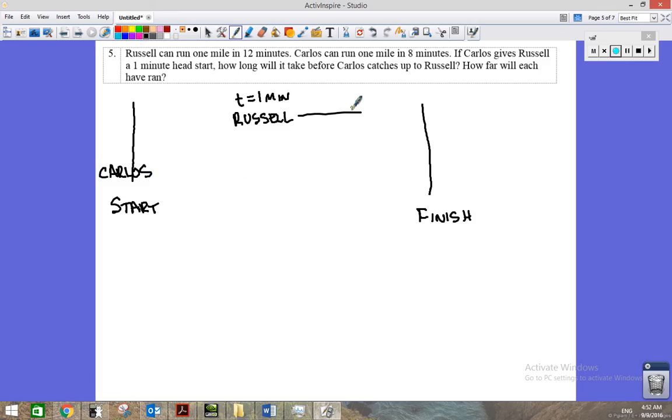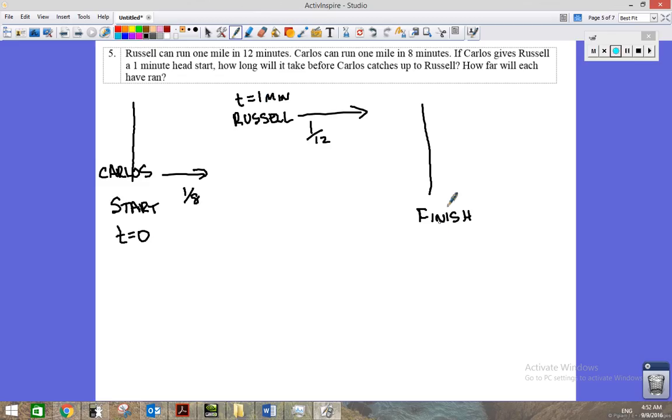So Russell runs at 1 mile per 12 minutes, and Carlos runs at 1 mile per 8 minutes. So both of them are at time t equals 0, and there's 1 minute.